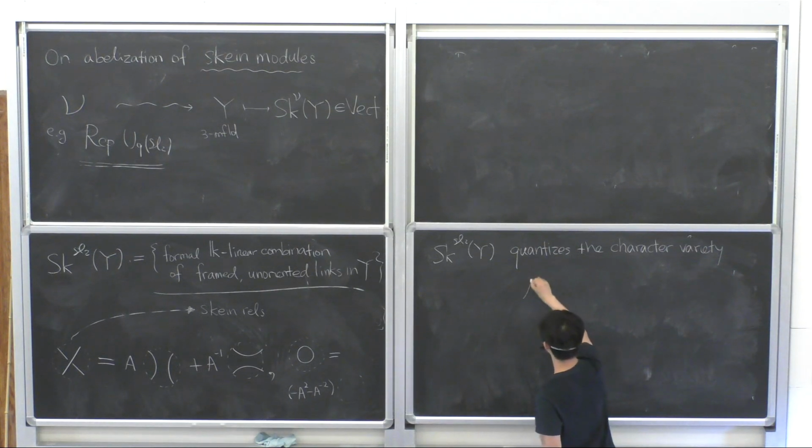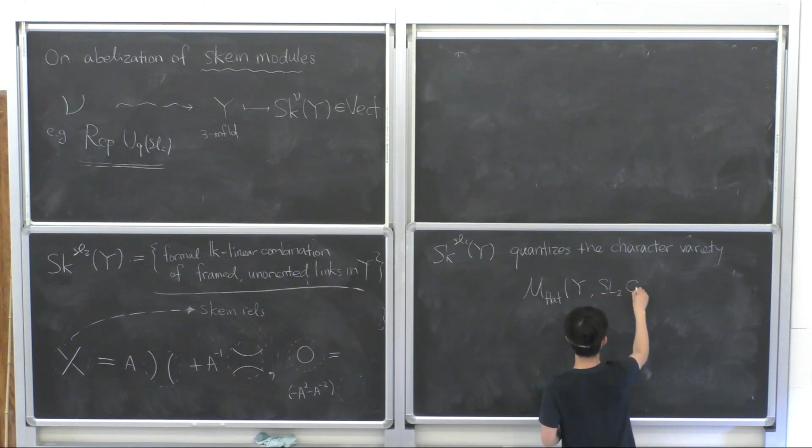The SL2 character variety, that is the moduli space of flat connections on Y with SL2C gauge group.